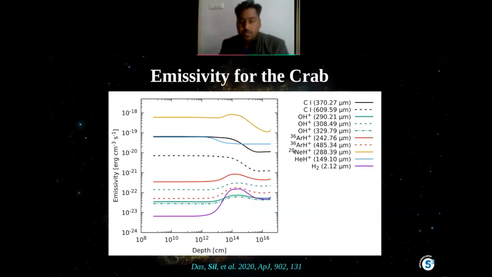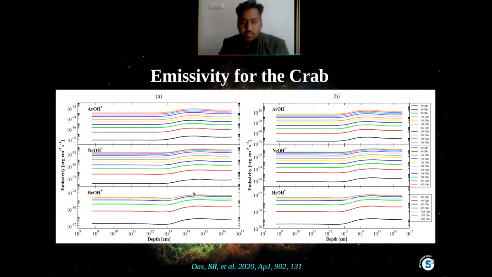Here we calculate the emissivity for the Crab, and you can see that the observed prominent OH+ 308 micrometer transition is comparable with the ArH+ 36 micrometer 2-1 and 1-0 transitions in our emissivity plot.